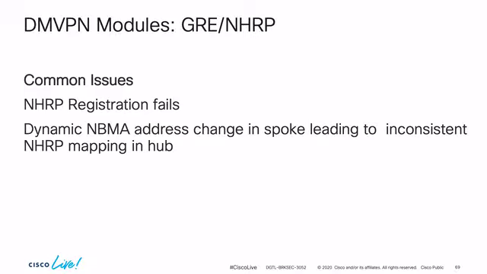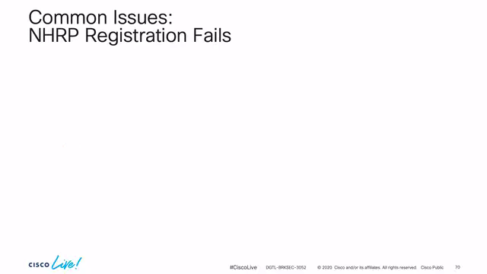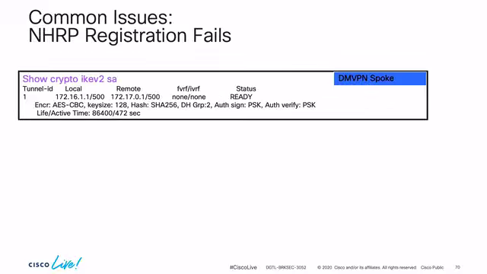First, the NHRP registration fails. The first thing you need to ensure, if you have configured encryption within your DMVPN network, is to check if the crypto tunnel is up, because the NHRP registration packet not only gets encapsulated as GRE, but also gets encrypted. These are some of the commands that you would run.